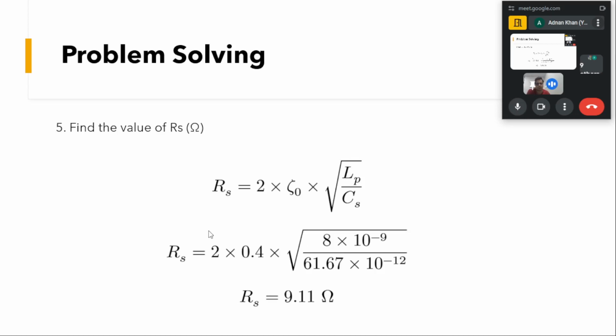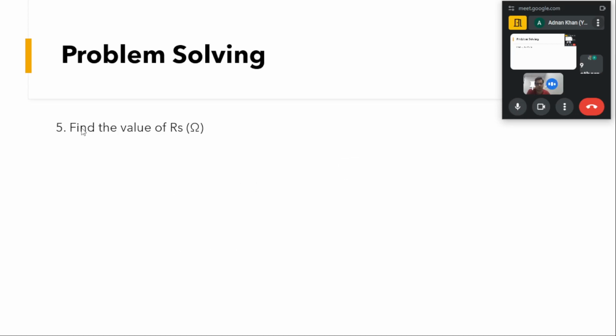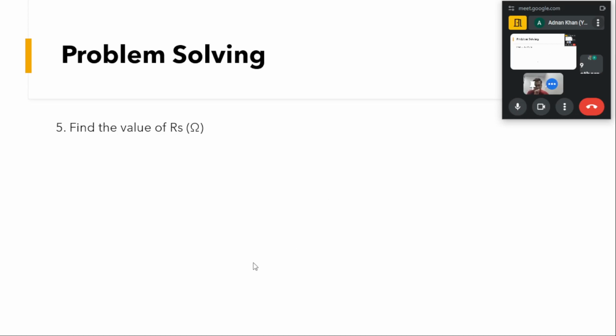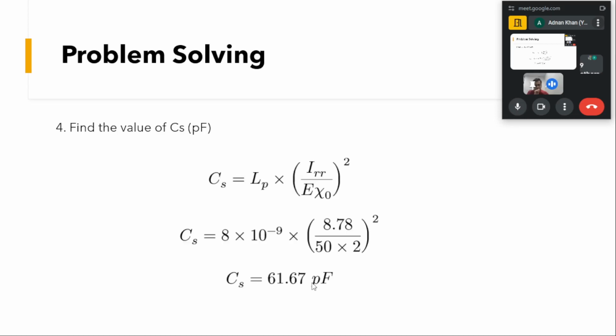Now the next question is to find the value of RS. Using this equation, twice xi naught times square root of LP by CS, we can find the value of RS. Xi naught is given, take it as around 0.4. LP is given, and CS we calculated earlier, 61.67.